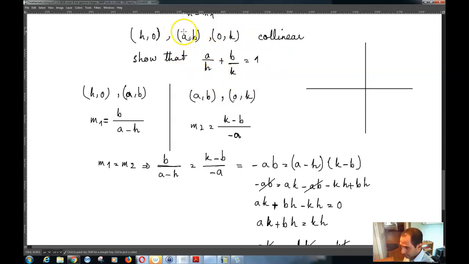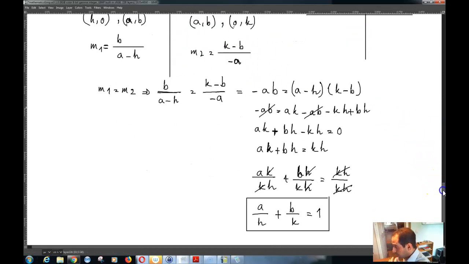meaning that the x coordinate of that point, which does not lie on either of the axes, divided by the x coordinate of the point which lies on the x-axis, if you add it to the ratio of the y coordinate of the same point not lying on either of the axes by the y coordinate of that point lying on the y-axis, that gives you 1, which is basically what we have over here.